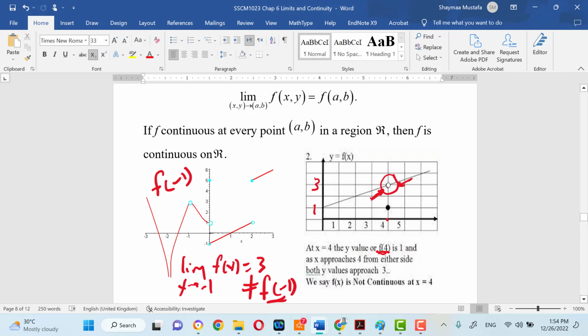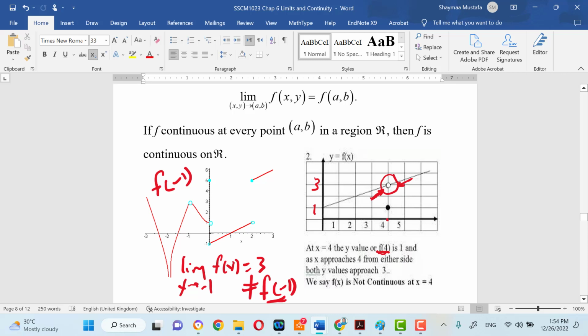The limit exists and equals 3, but the function at 4 is equal to 1. So at x equal to 4, the y value of f(4) is 1. But if I calculate the limit as x approaches 4, from the left and from the right, the limit equals 3.